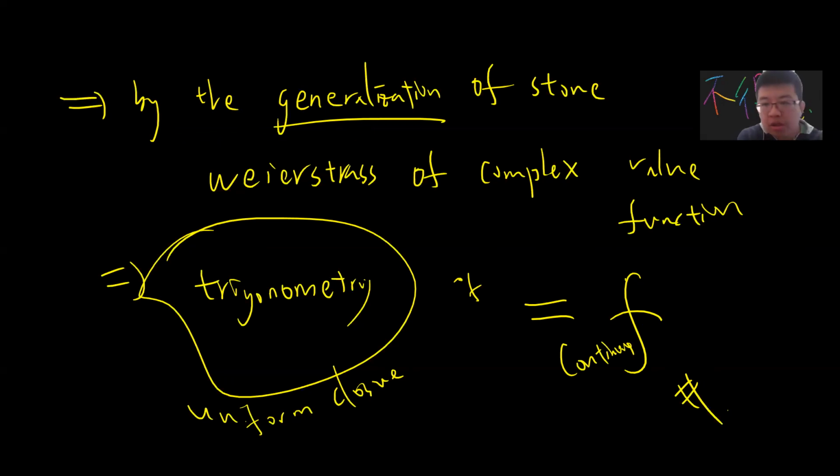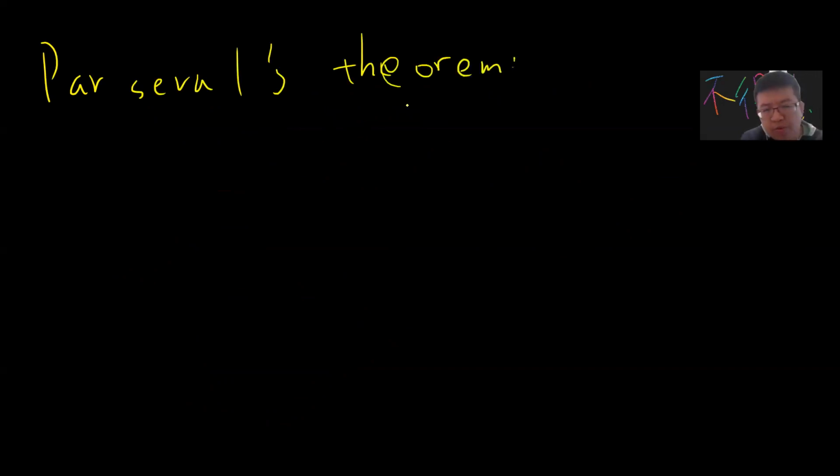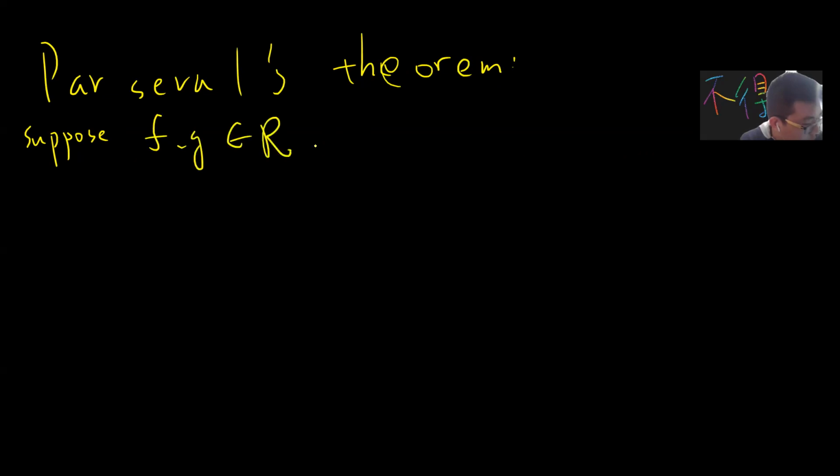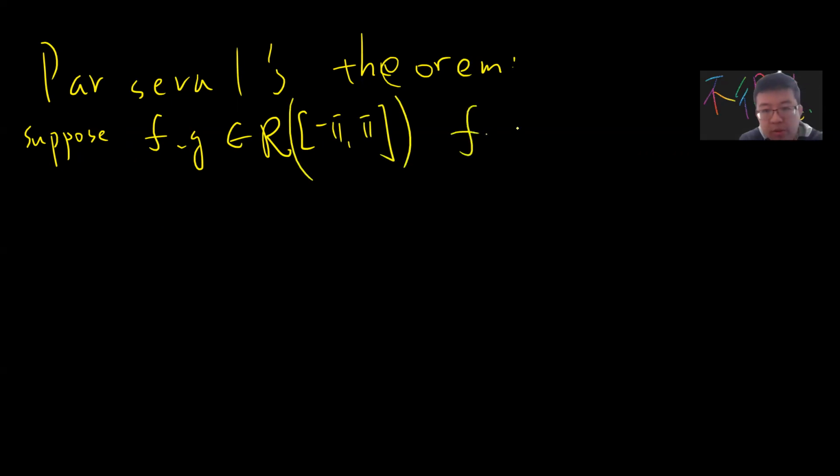Okay, so finally, let's give a famous theorem called Parseval's theorem. I remember that I proved this theorem maybe a while ago, but let's quickly prove it. So suppose this is the Fourier series. Suppose f and g are Riemann integrable functions with period 2 pi, and let's focus on negative pi to pi. I can write f in terms of Cn e to the inx, from negative infinity to infinity.